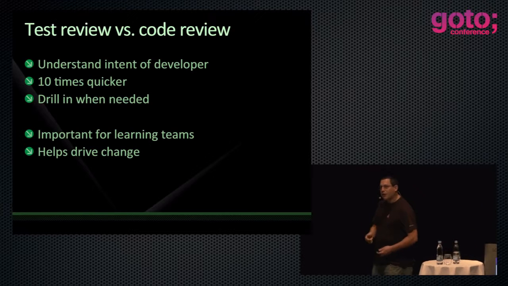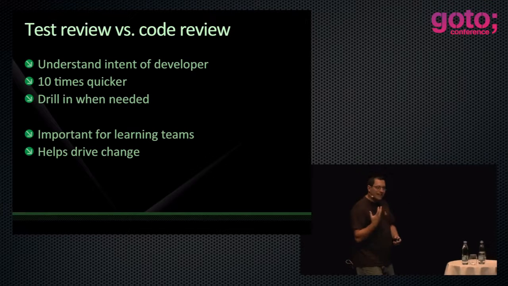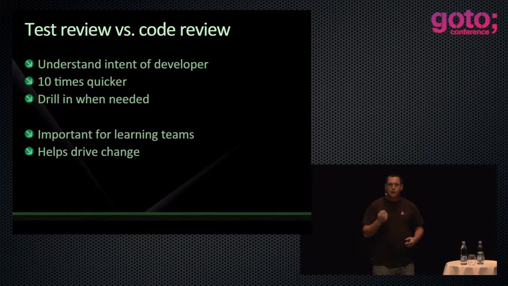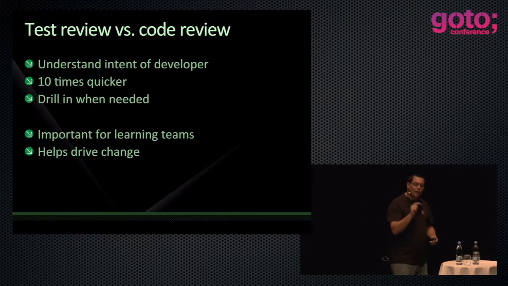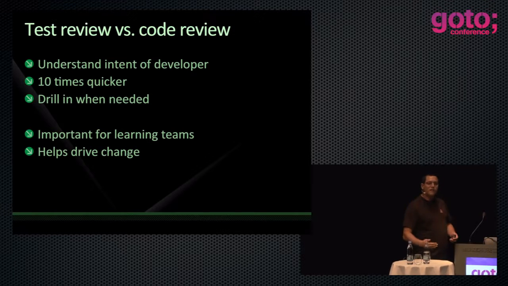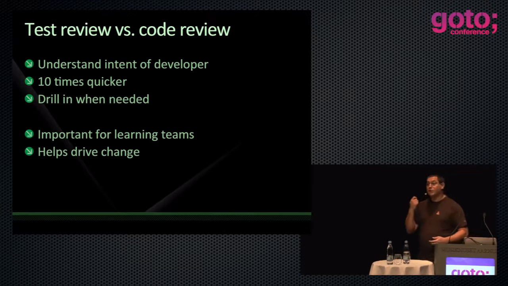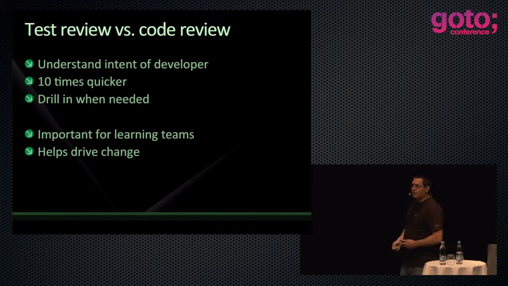And you can actually understand very, very quickly whether the developer actually understood the requirement or not. Sometimes just by looking at the name of the test, you can understand that the developer did not understand the requirement. You don't even have to drill into the code. You don't have to read 50 lines to say, oh, no, you're doing it all wrong. Sometimes if the name is good enough, then you've saved all that time.